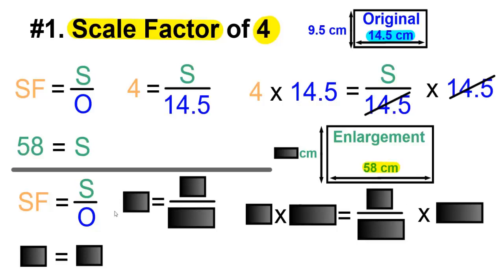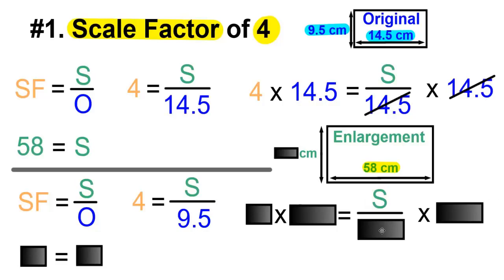Scale factor is equal to scale over original. Again, the scale factor is 4. This time we'll do the short side of the rectangular box, which is 9.5 centimeters for the original. And the scale of the enlargement is unknown. Again, we have to isolate the s by doing the opposite of divide by 9.5, so this time we'll multiply by 9.5.